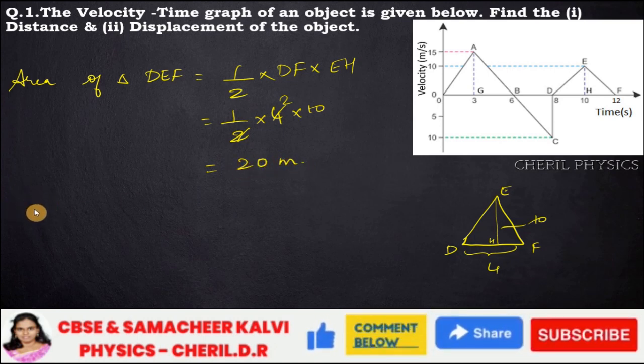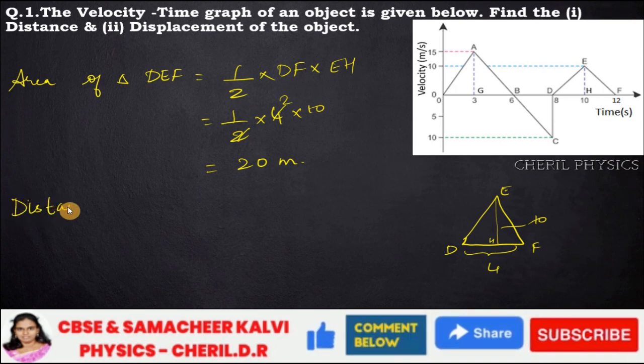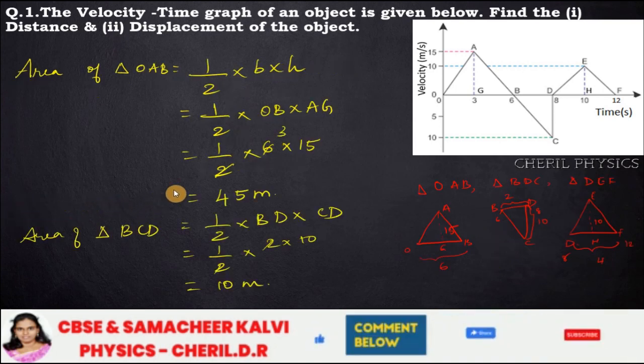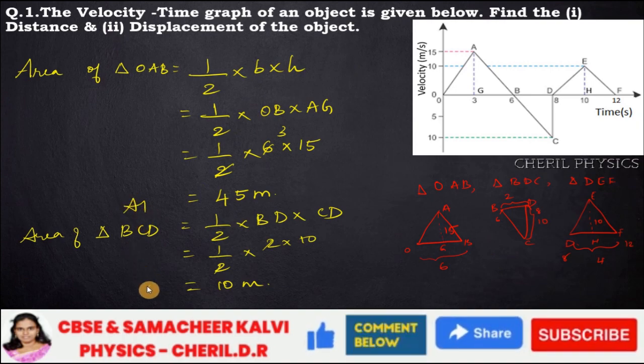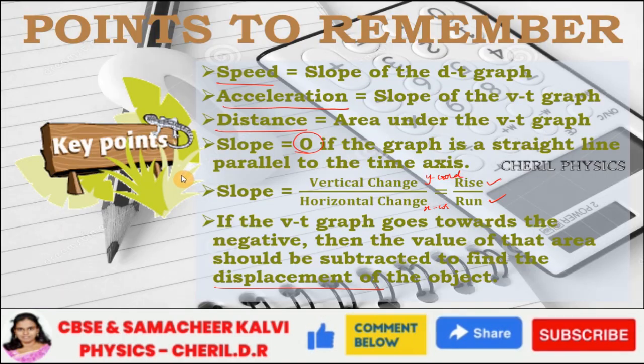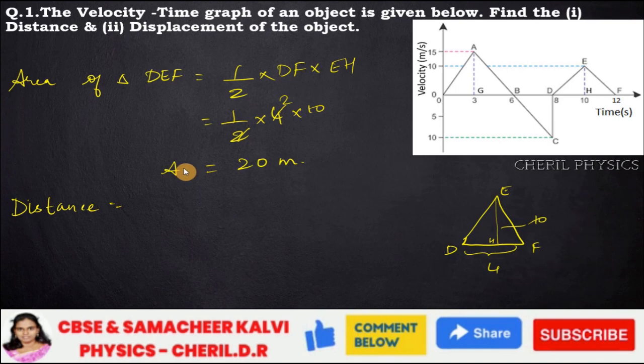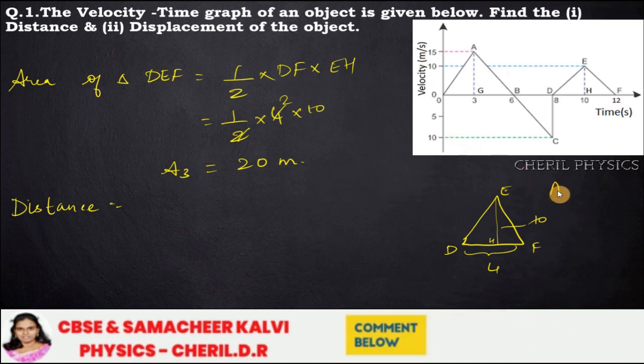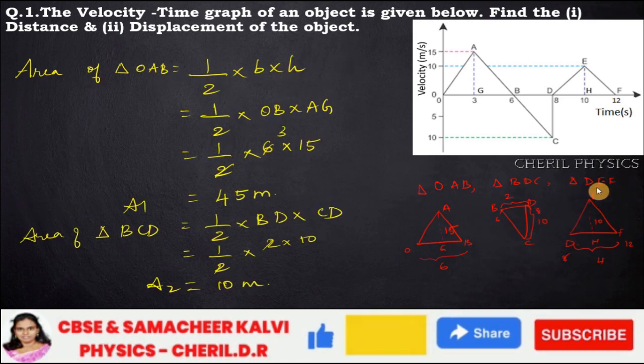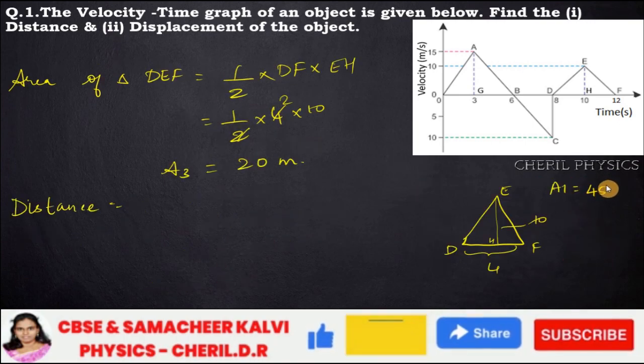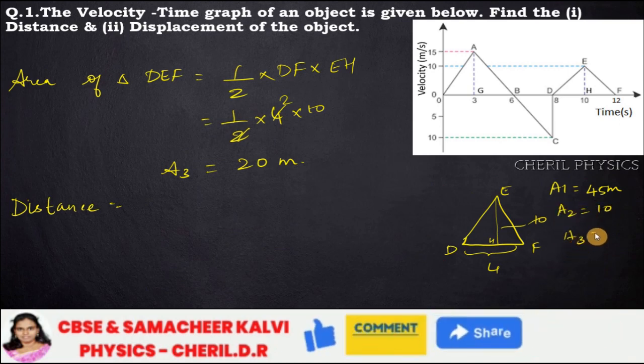Now when I want to find out the distance, let me mark it as A1, A2 and A3. What did we get for A1? A1 we got 45 meter, A2 is 10 and A3 is 20.